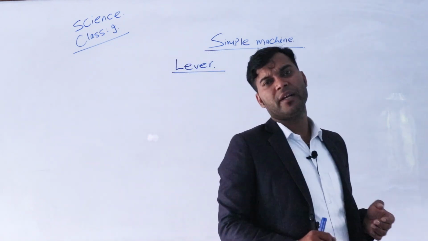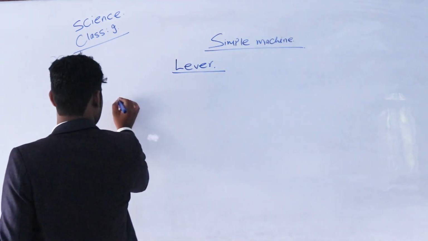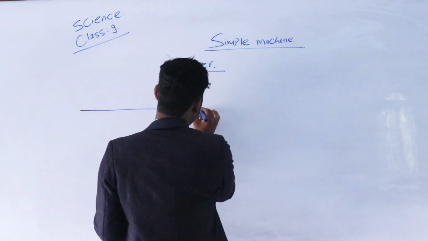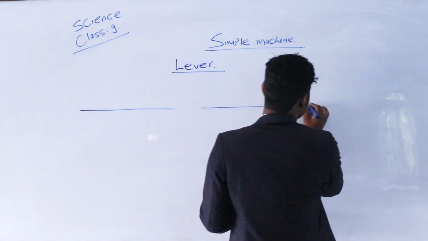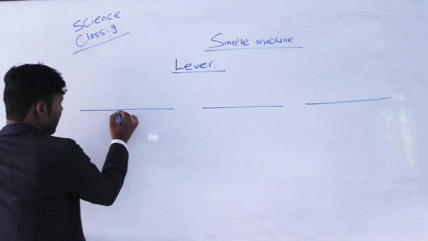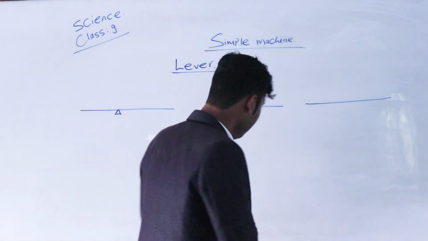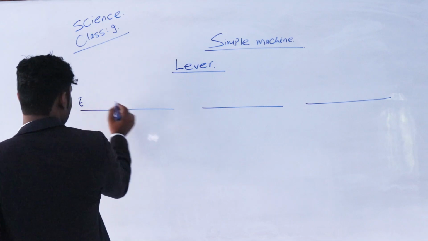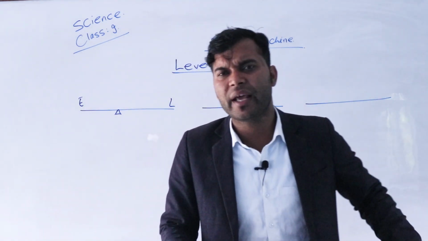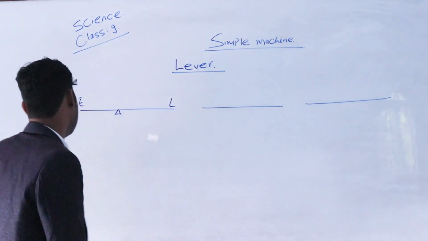We classify the lever into three different types. Look here, first from the diagram. Draw such a diagram. When the fulcrum lies in between effort and load, such a lever is called a first class lever.